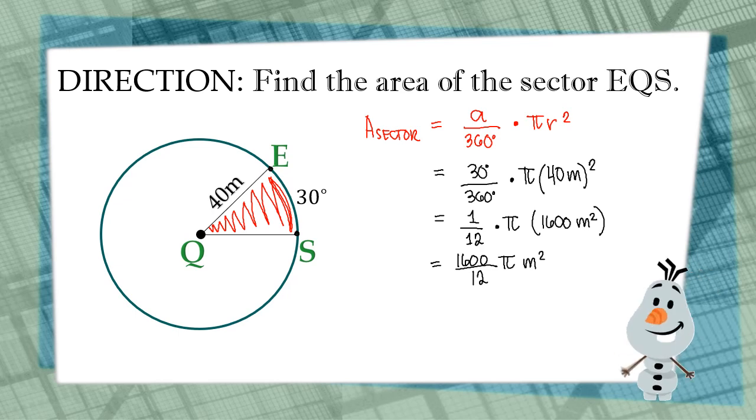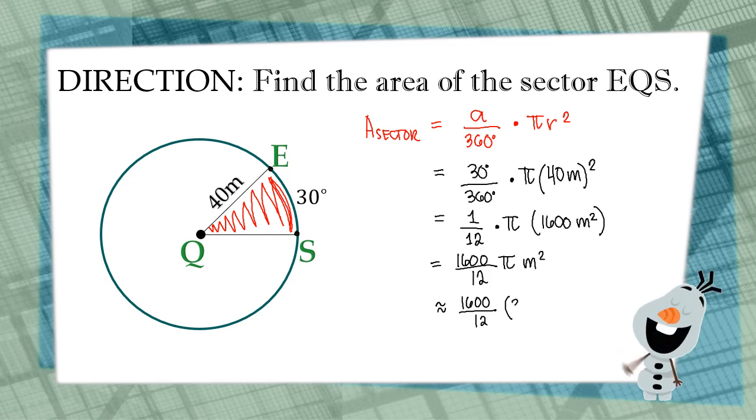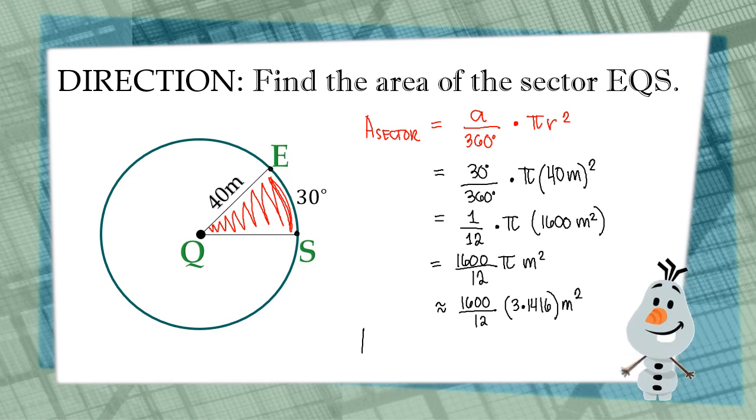Now, as recommended, we are going to multiply 1,600 over 12 with the approximate value of pi, which is 3.1416. So using your calculators, we can get the area of the sector is approximately equal to what?